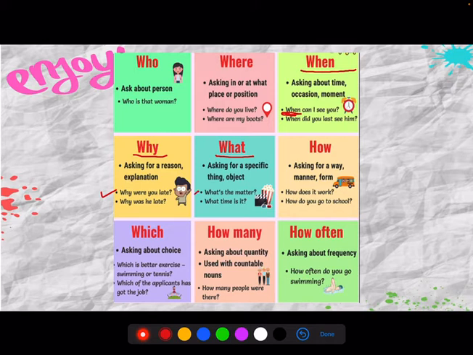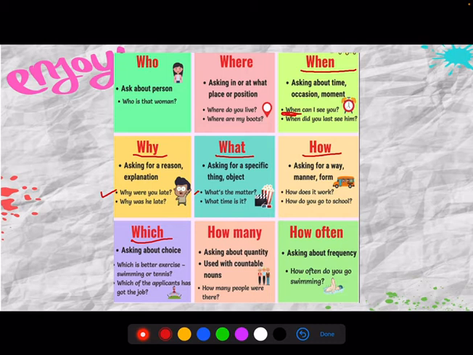And you have how, asking for a way, a manner, or a form. For example, how does it work? And you have which, asking about choice. You need a choice. For example, when you ask which is better exercise, swimming or tennis.